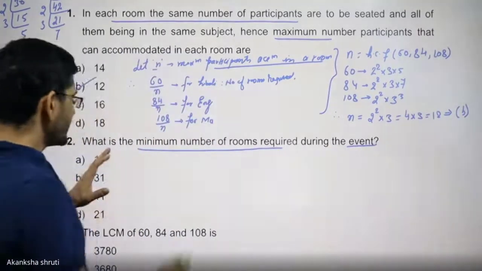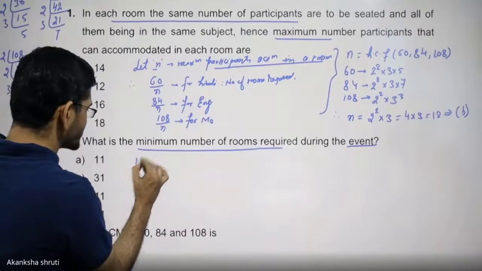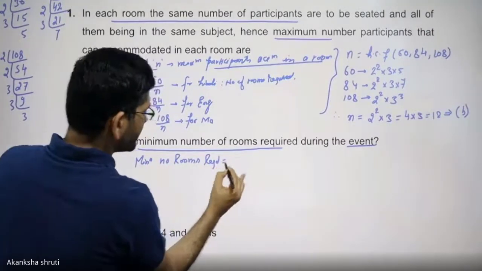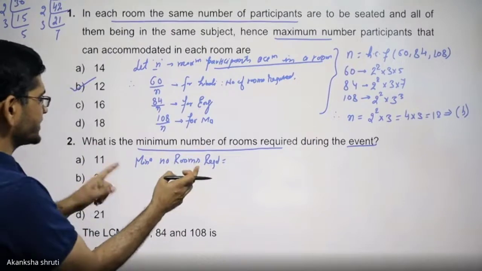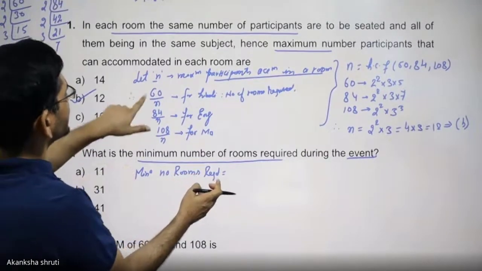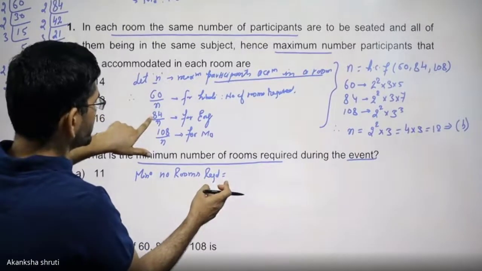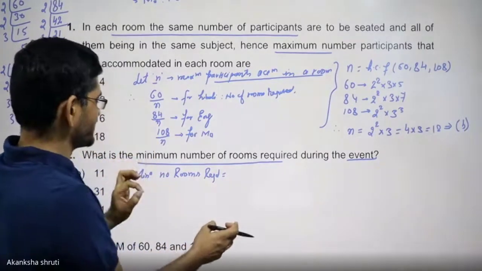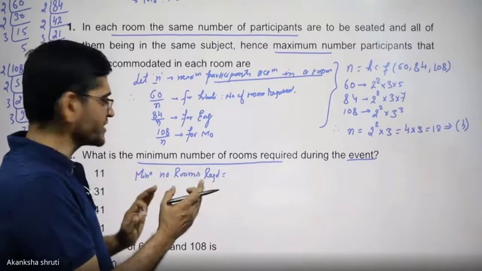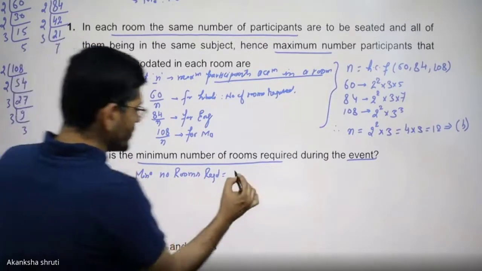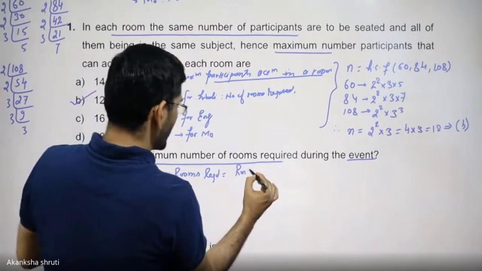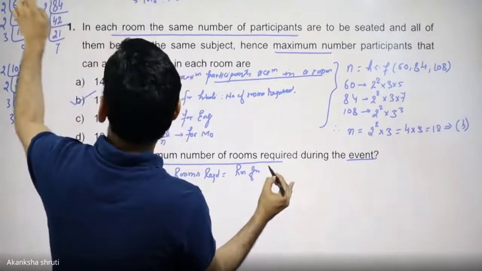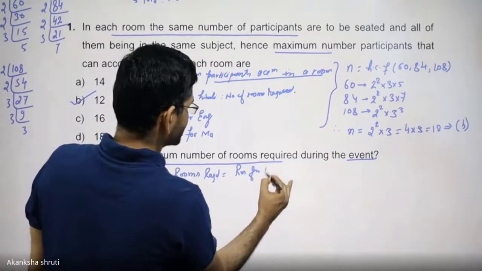Keep in mind, certain number of rooms will be required for accommodating the Hindi participants, certain number of rooms for accommodating the English, and certain number of rooms for accommodating the mathematics participants. So the minimum number of rooms required will be the addition of rooms required for English participants, rooms required for Hindi participants, and rooms required for the mathematics participants.